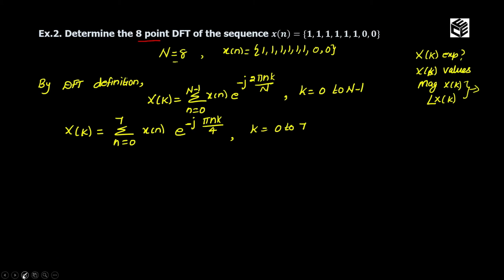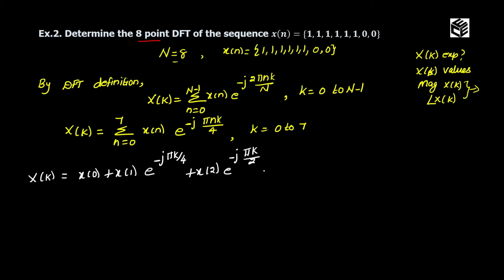Now I am going to expand this expression in terms of n. So x of k is equal to x of 0 plus x of 1 into e power minus j pi k divided by 4 plus x of 2 into e power minus j pi k divided by 2, since if I apply the value of n as 2, the denominator 4 gets cancelled.